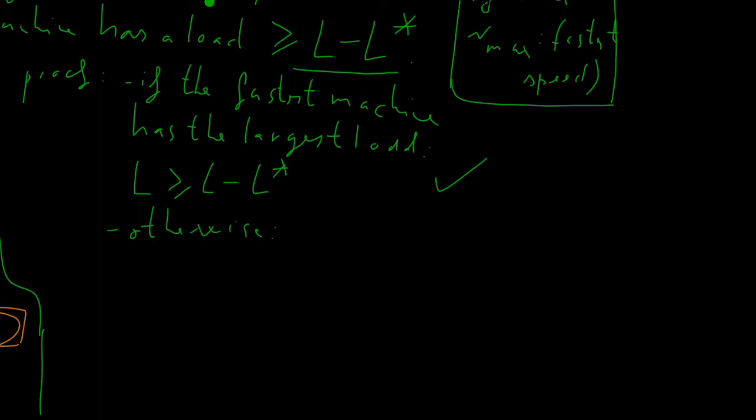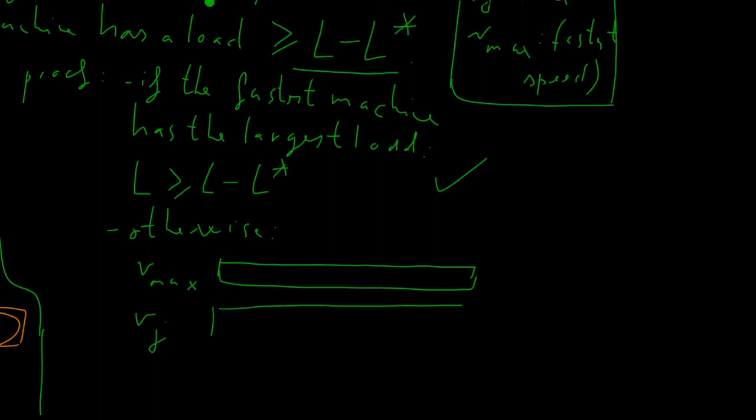I will draw some pictures for this. So we will have this machine of speed Vmax, and we have some load. Now some other machine, say Vj, has a load which is larger than that of the Vmax machine, and on this machine we have the last job, let's say PL. Now, what does it mean?